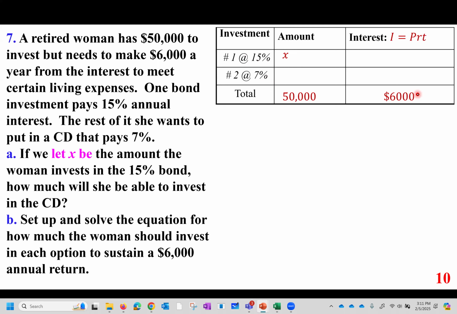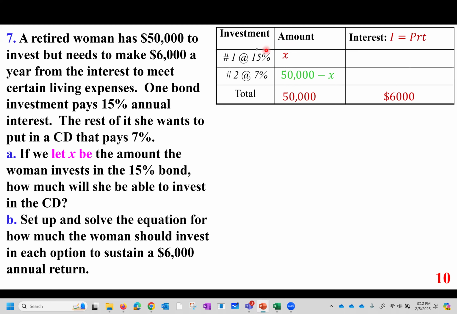So we are going to fill up the rest of the table. If we have a total of $50,000 and x amount is spent here, the rest of it must be here: 50,000 minus x. By the way, to make sure you don't make a mistake, if you add these two, x and minus x cancel each other, we get 50,000.